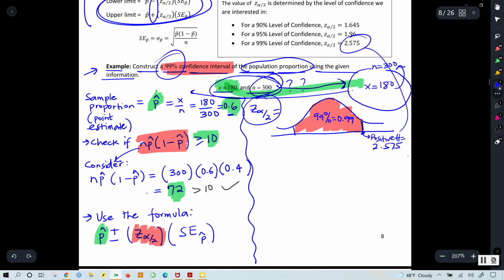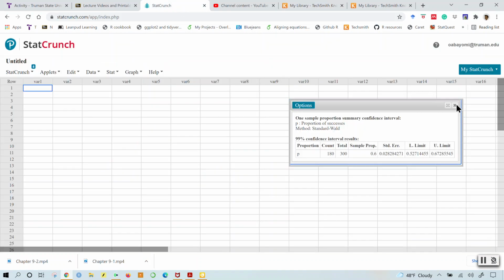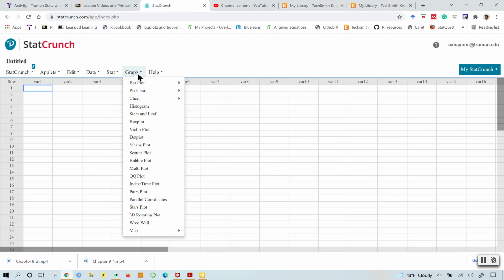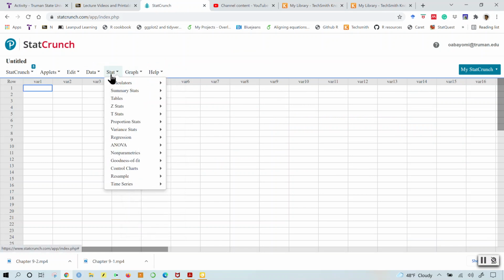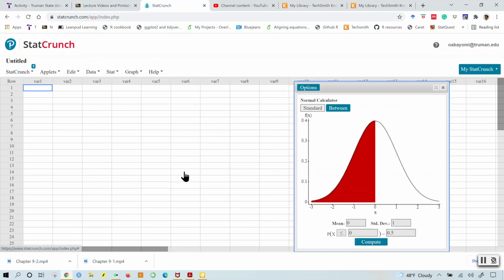And how did I find it? Just in case you are asked for something other than 90%, 95%, and 99%, I will go to StatCrunch. So here I am in StatCrunch. I'm going to close this and go to Stat, then Calculators, then the normal distribution.